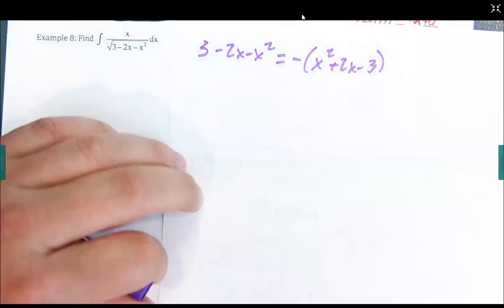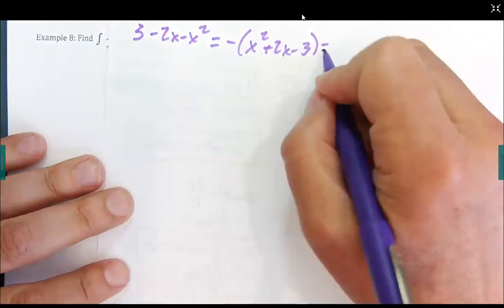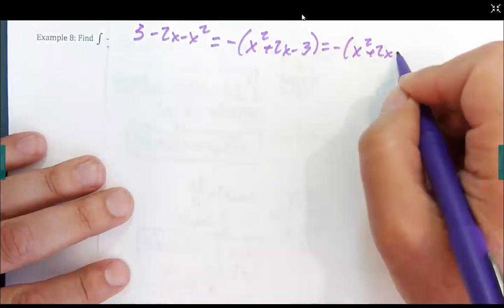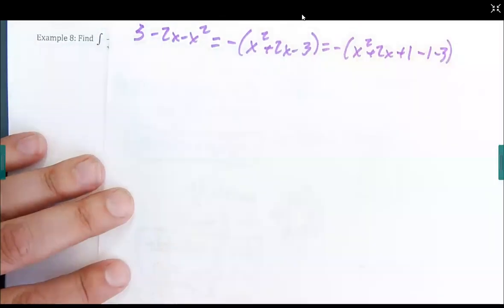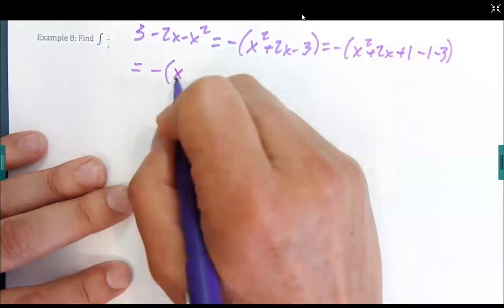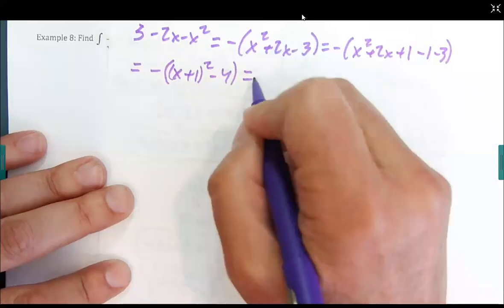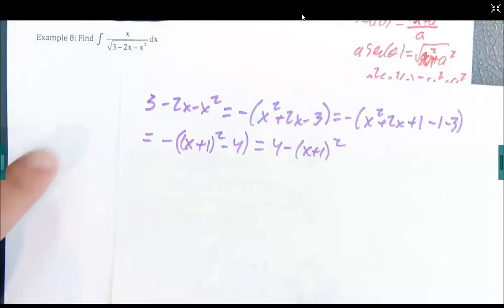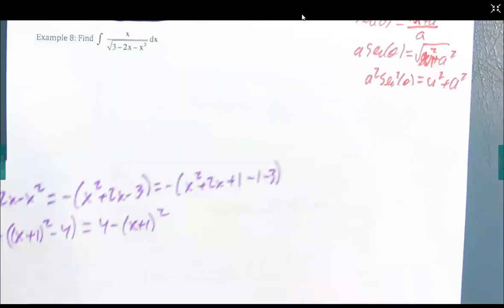And I'm going to add a 1 in there, because half of 2 is 1, 1 squared is 1. So I'm going to rewrite that as this. That's going to save us a little work.